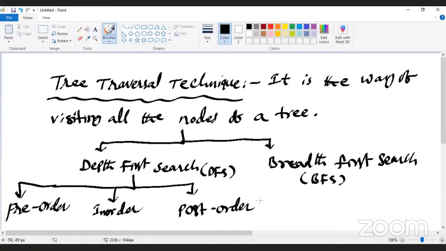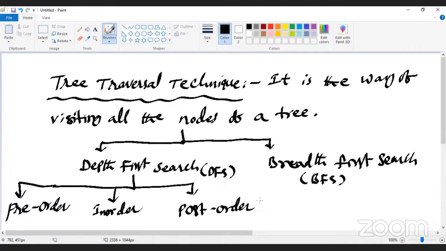We will discuss in detail how this DFS algorithm and how this BFS algorithm will work when we discuss the topic called graphs. In DFS, depth first search, we have three types of tree traversal techniques: pre-order, in-order, and post-order.